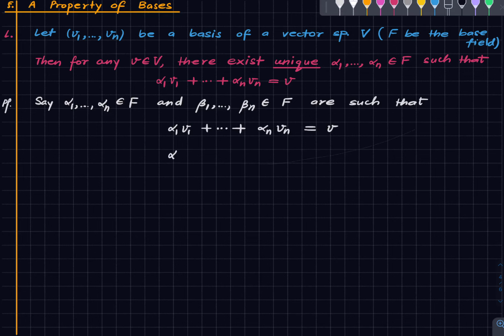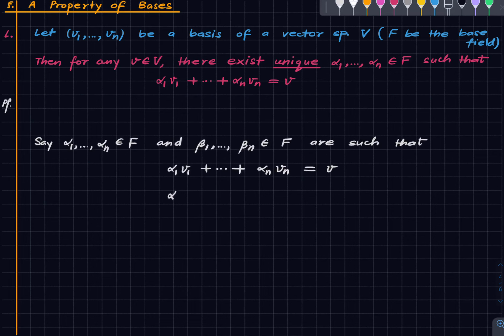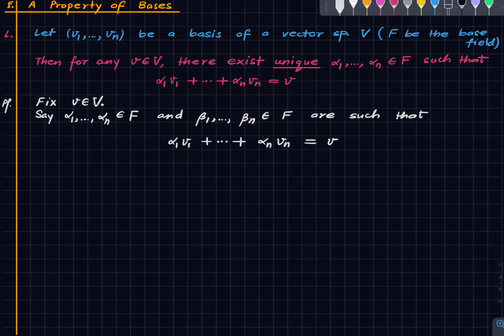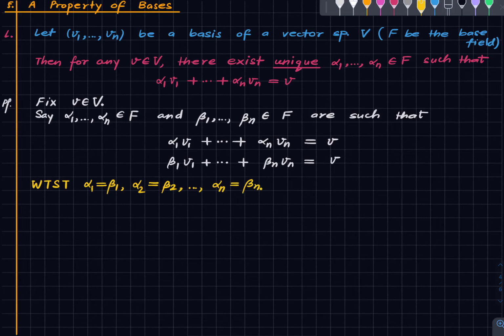So I should start the proof with: fix a vector v in the vector space, and then proceed. So such that the corresponding linear combinations are both v. Okay, what do we want to do? We want to show that alpha i equals beta i for all i. That's what it means to show uniqueness.